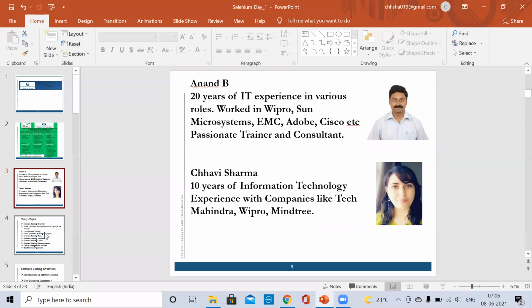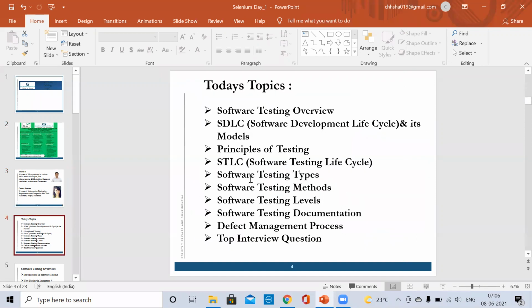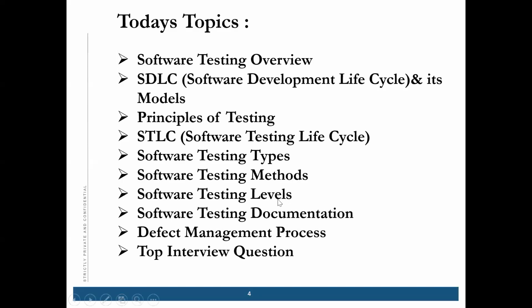So today's topic is software testing overview: SDLC, that is software development life cycle, and its models, principles of testing, software testing life cycle. This is software development life cycle, and this is software testing life cycle. Software testing types, software testing methods.